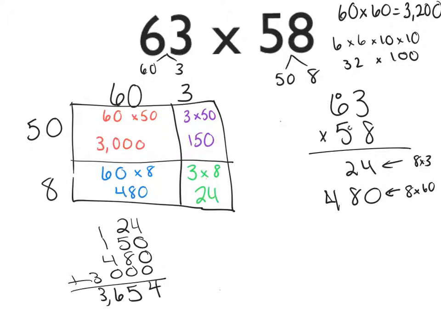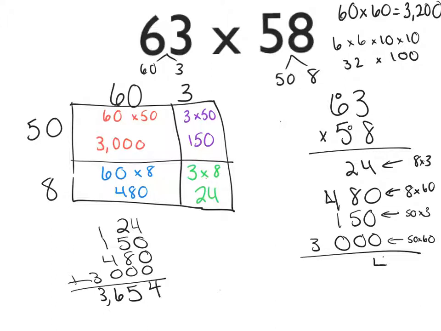And then you do 50 times 3, which is 150. And then you do 50 times 60, which is the 3,000. And then if we add again, 4, 15, carry the 1, 6, 3. We notice we get the same answer. It doesn't matter which way we do it.